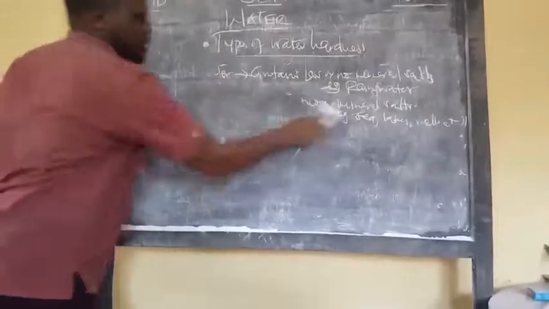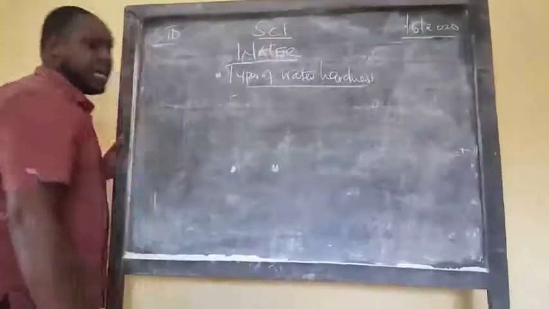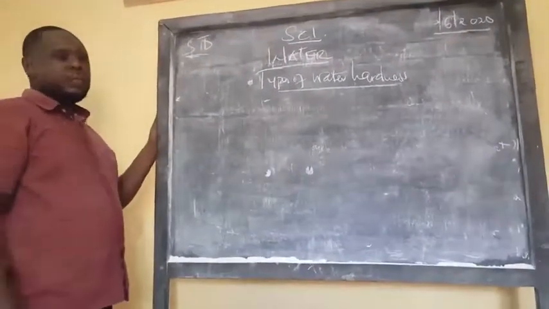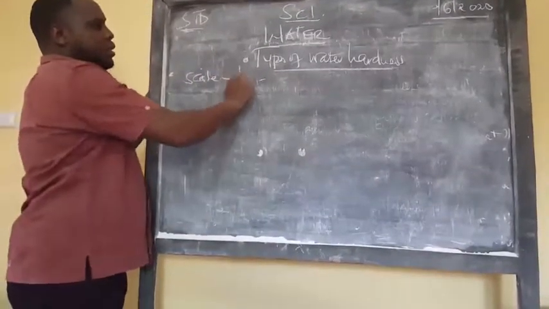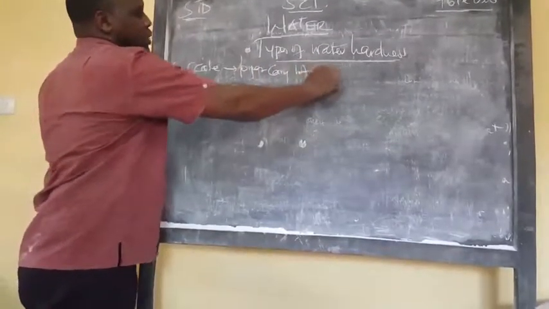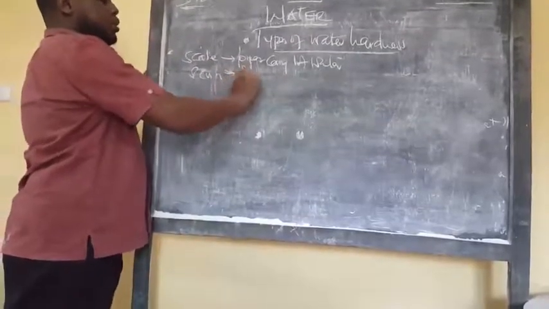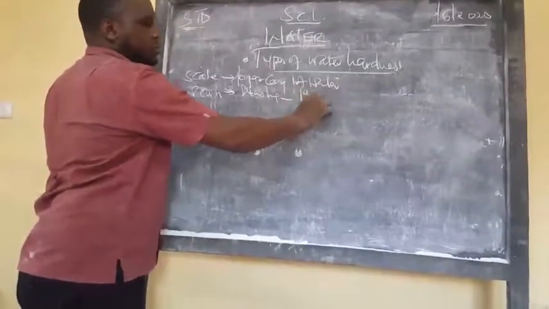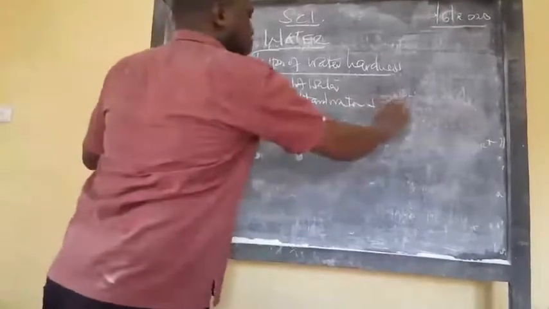We said it forms scum when mixed with soap, and therefore that stains white garments. We also said it causes scale. Scale is formed in pipes carrying hot water. Then scum is formed during washing when hard water is mixed with soap.